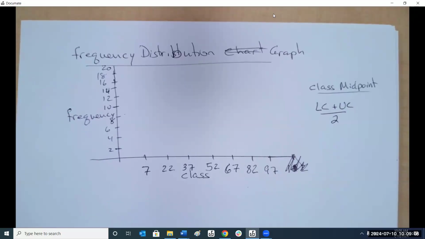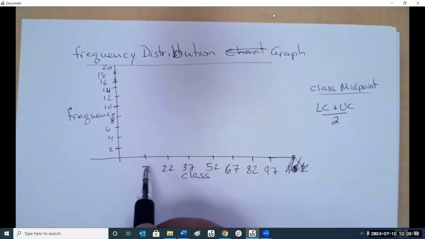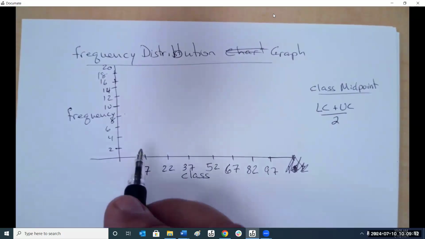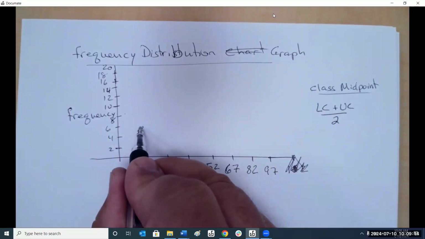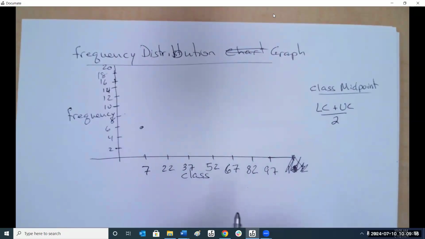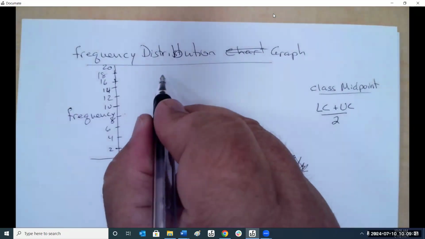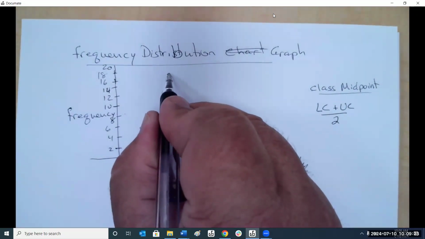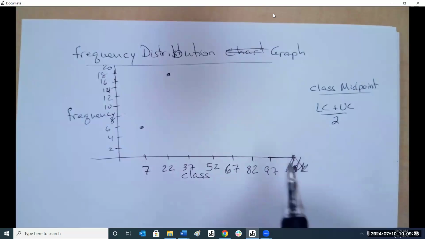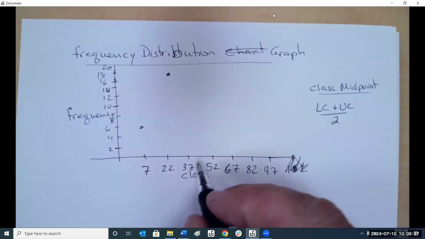All right. So how many were in the first one? There were 6, so we put a dot there. In the next set, we had 18. In the next set, we had 14.